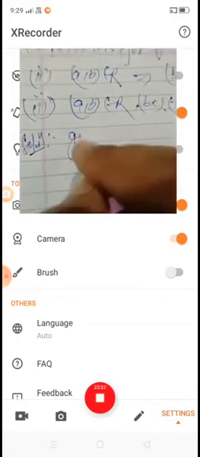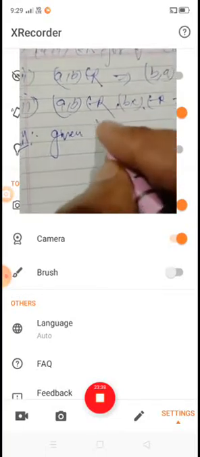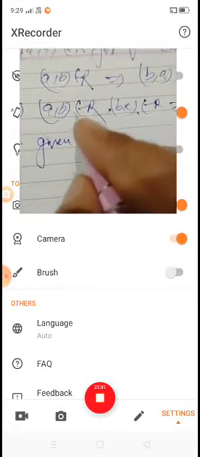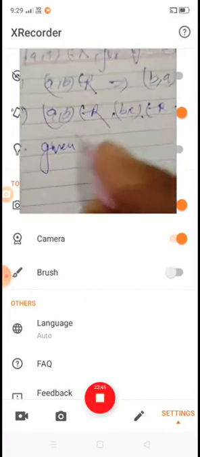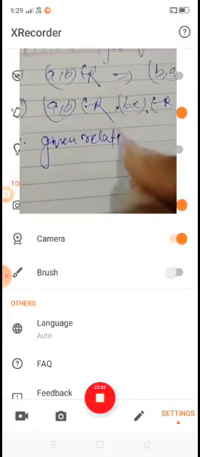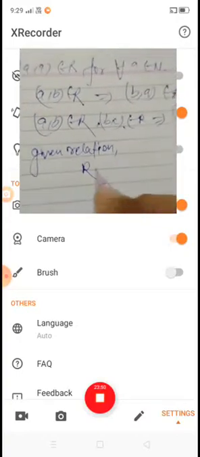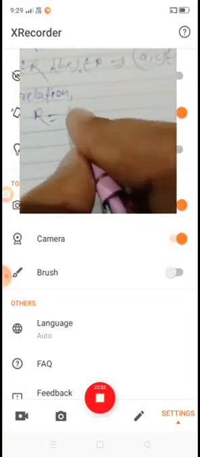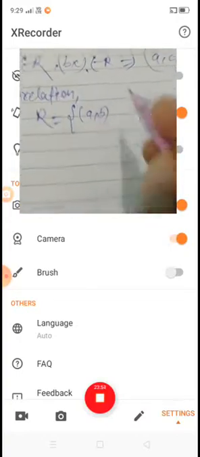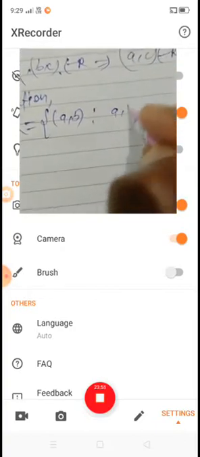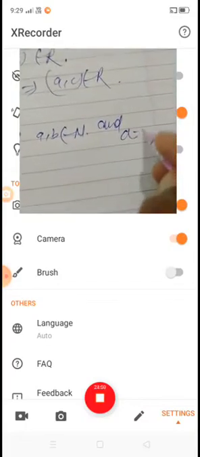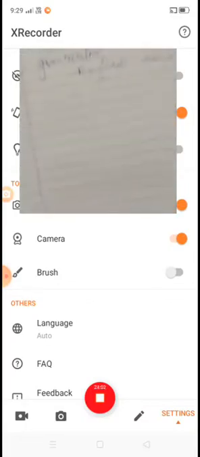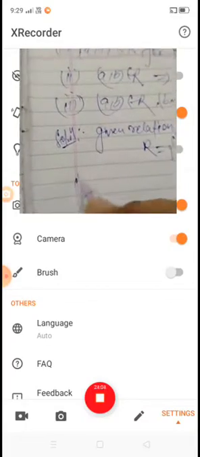First of all, you write the given relation R, and justify your answer in each case also. Okay, given relation R is equal to (A, B), such that A, B belong to natural numbers and A is equal to B square. Okay, now we take the first.